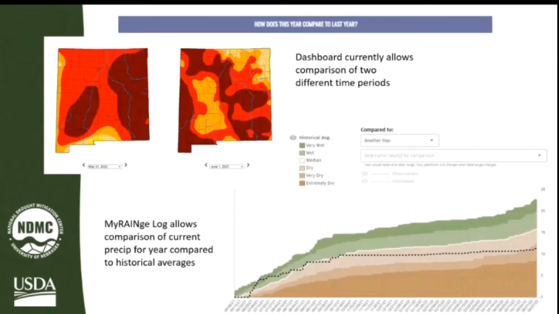Mike really described this, so I don't have to, but using MyRangeLog, you can see yourself, and as he was pointing out, those greens are historically wet years, precipitation, down to the browns, which are historically dry years. So you can kind of see yourself in history, and what trajectory you might go on. This is something I really want to incorporate into the dashboard. So this is going to be an important thing for some ranchers.